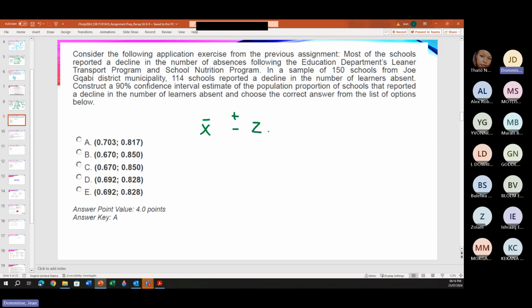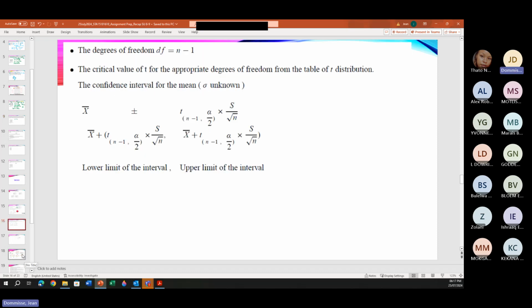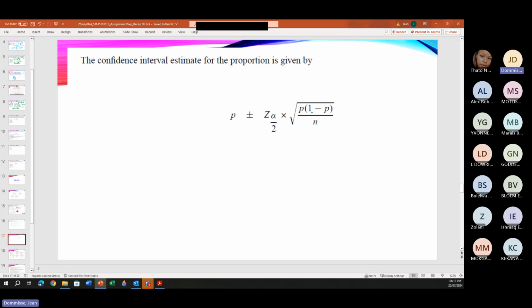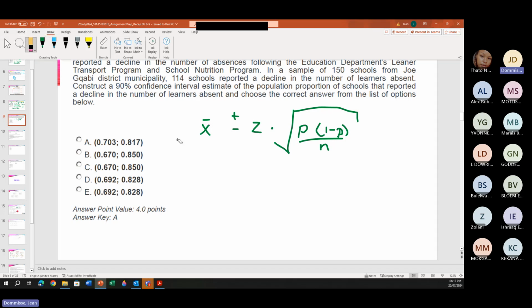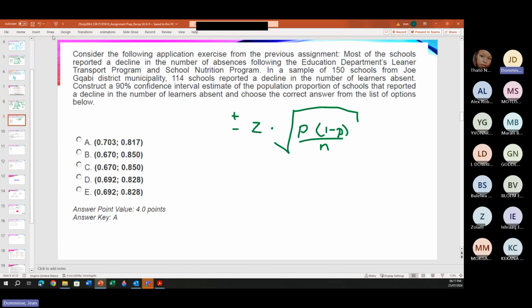The proportion is also always a Z, so you don't need to worry about that. I don't always remember the formula, so let's quickly write it: P1 minus P divided by n. Sorry, that's not X, it is proportion.